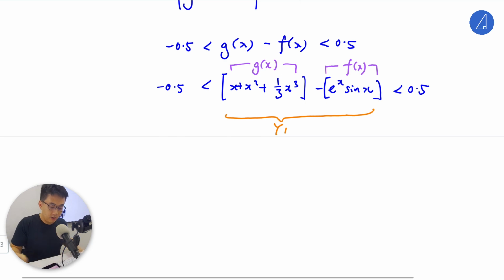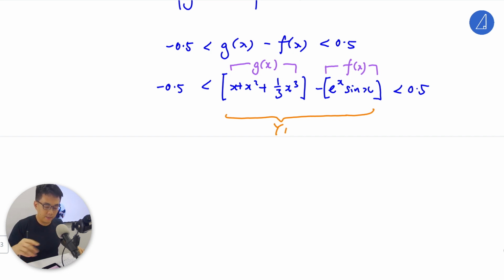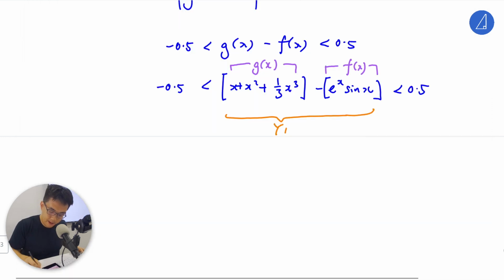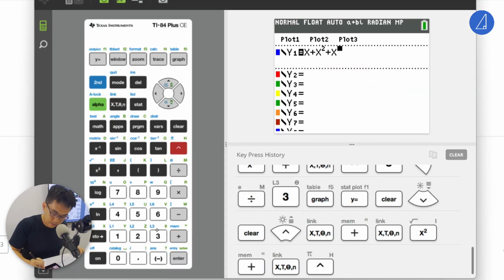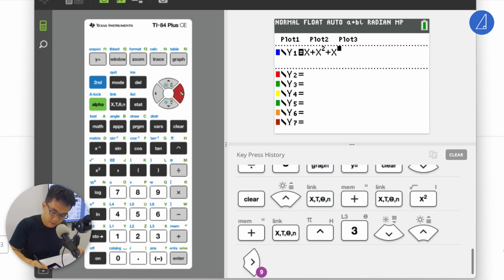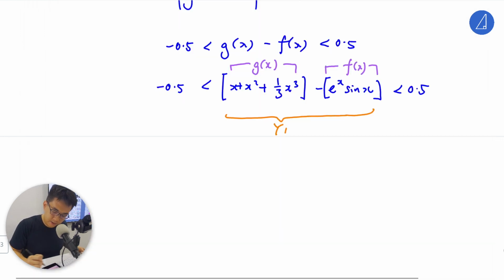So essentially what I'm going to do, I'm going to key this in the calculator. So here. Oh, you can just do y1 minus y2. Yes, you can do that. Correct. But I'm just going to key in x plus x squared plus x cubed over 3 minus e^x sin x.